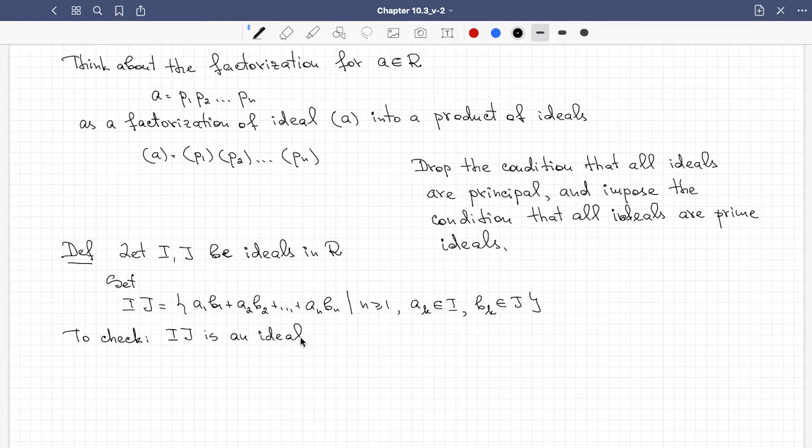Also, if I and J are principal ideals, then this multiplication simply reduces to multiplication of generators. So this is indeed a generalization of usual multiplication.